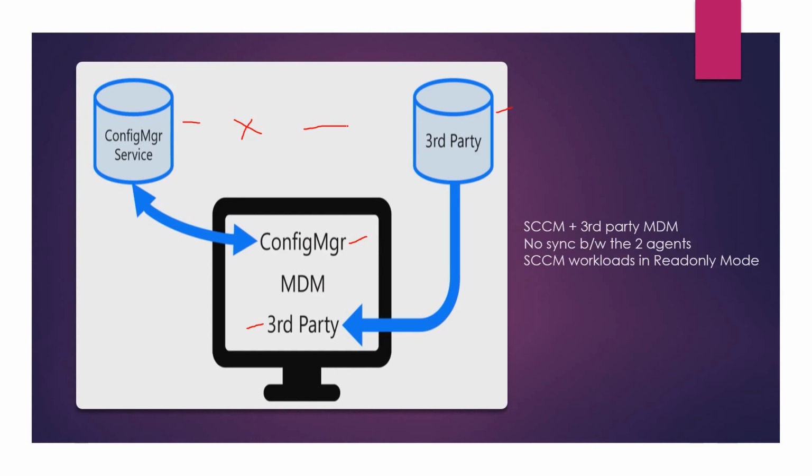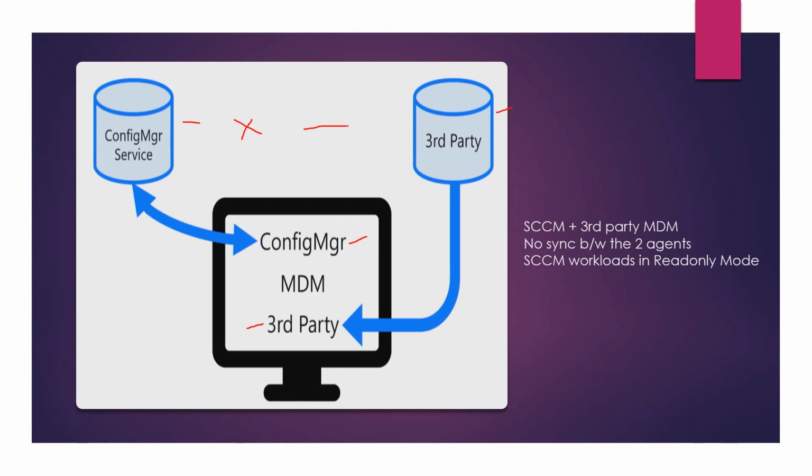So this poses a challenge: what about a scenario wherein the Config Manager server and the third-party MDM server both are trying to change the exact same attribute of the device? That can actually cause some issues, that can actually cause conflicts.